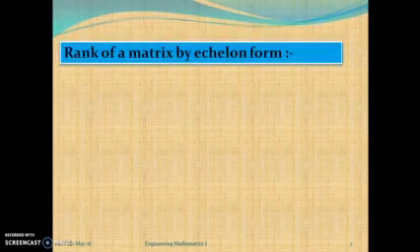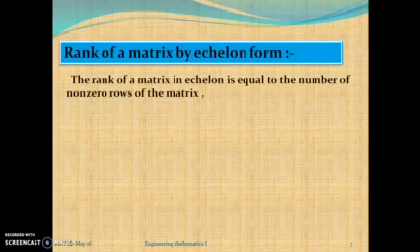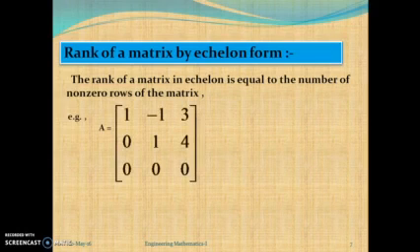Now let us go to the definition of rank of a matrix by echelon form. The rank of a matrix in echelon form is equal to the number of non-zero rows of the matrix. Count the non-zero rows in a matrix and that is the rank of that matrix. For example, take matrix A: 1 minus 1 3, 0 1 4, 0 0 0.